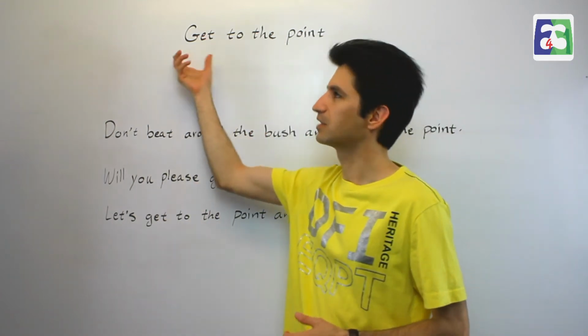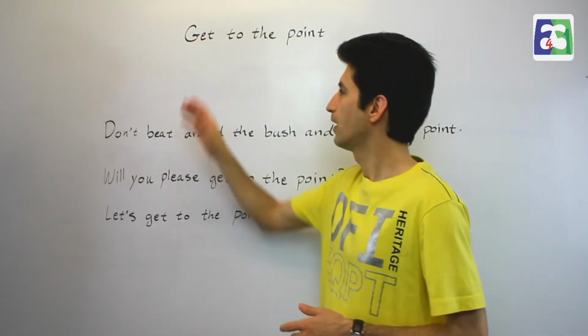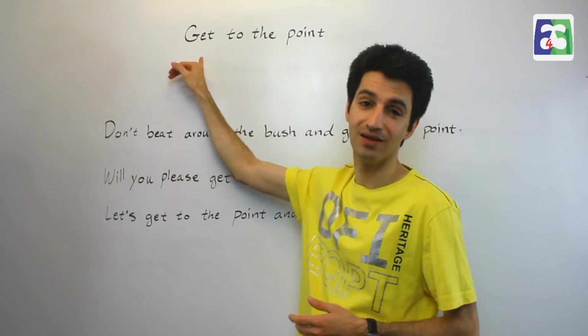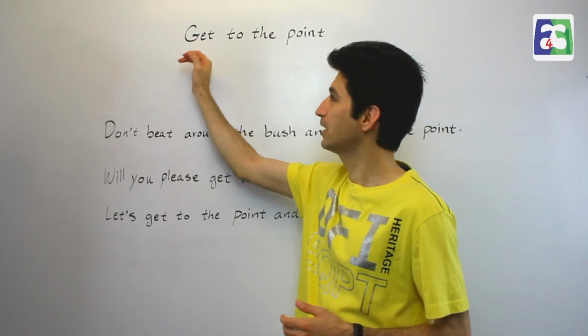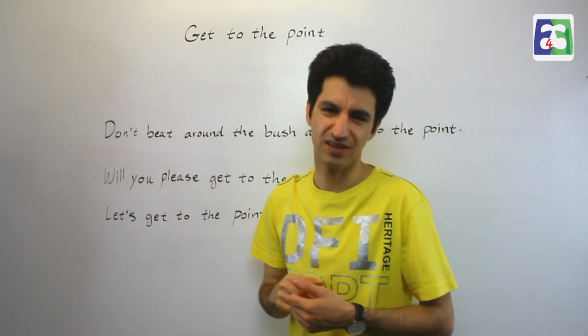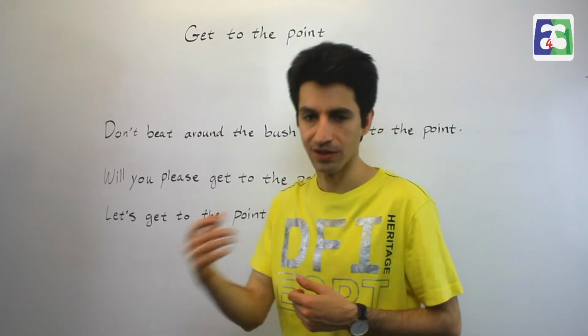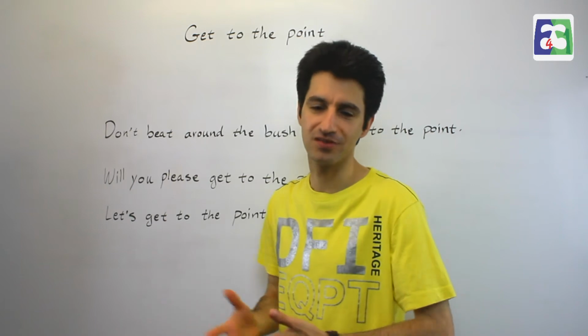Because of "get," the whole thing is used as a verb, and because it starts with the verb, it is kind of ordering or commanding or asking someone to do something.